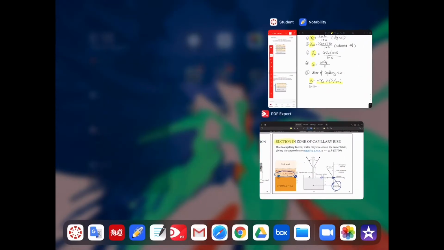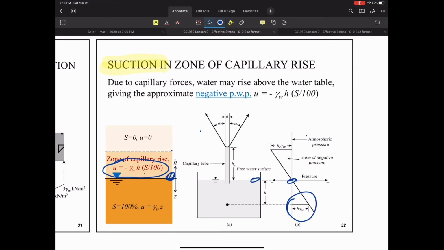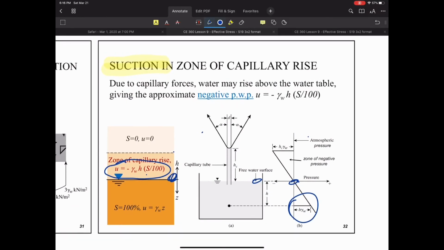Okay, I'd like to show you another slide about the suction here. As you can see, the suction in the zone of capillary rise, due to the capillary forces, water may rise above the water table.